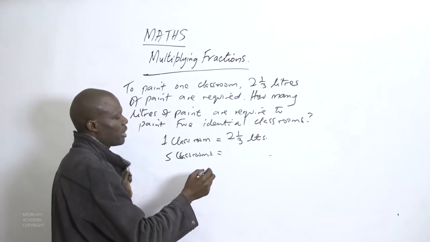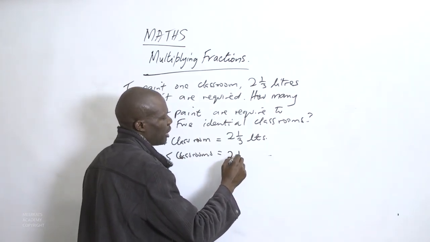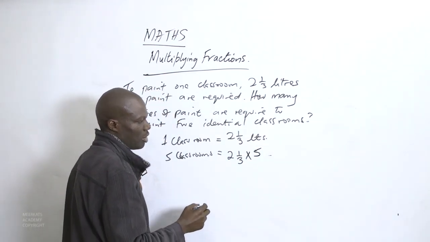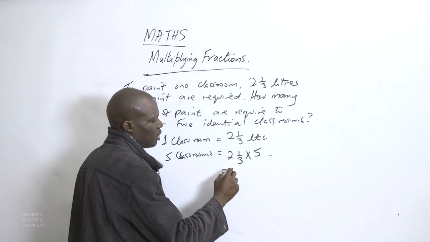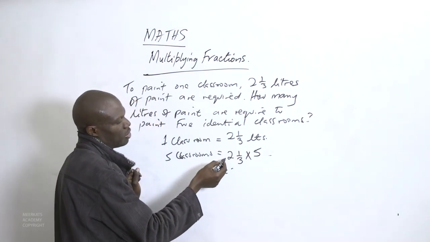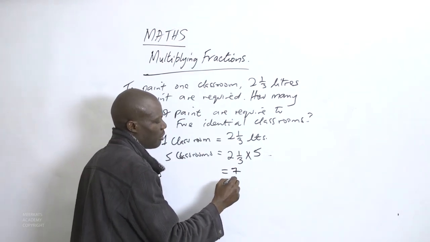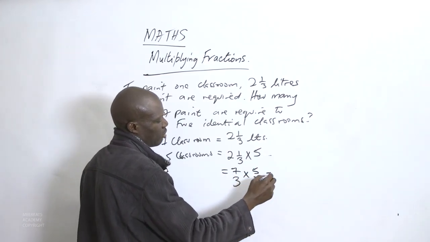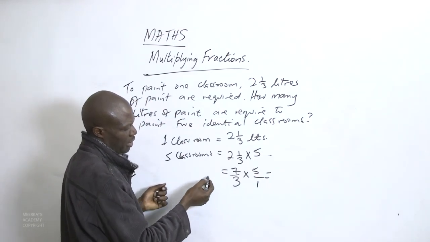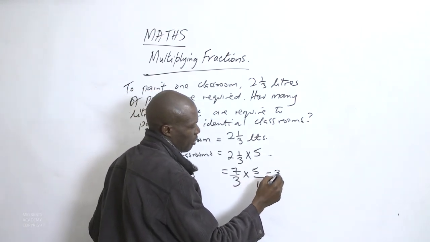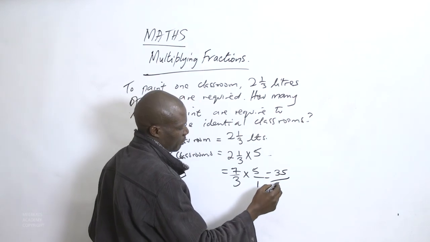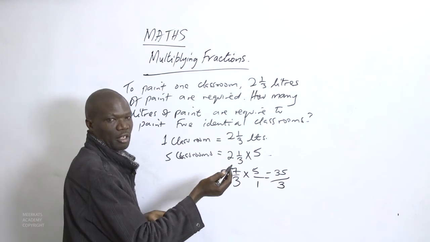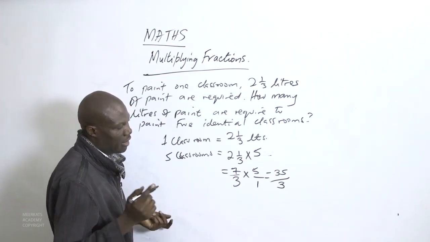So we shall require 2 1/3 liters multiplied by 5 classrooms. We change it to an improper fraction: 2 times 3 is 6, plus 1 is 7 over 3, multiplied by 5 over 1. There's nowhere to simplify, so this gives us 35 over 3. 7 times 5 is 35, and 3 times 1 is simply 3.